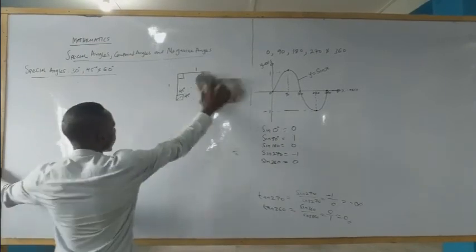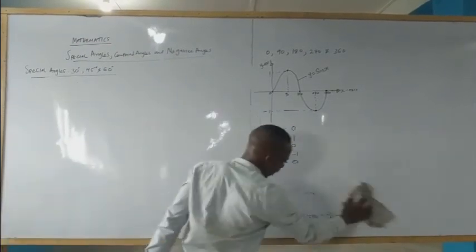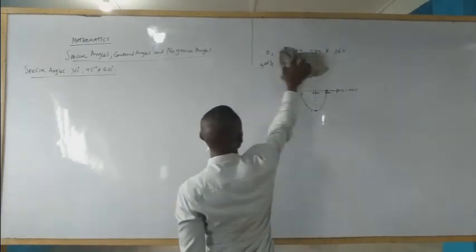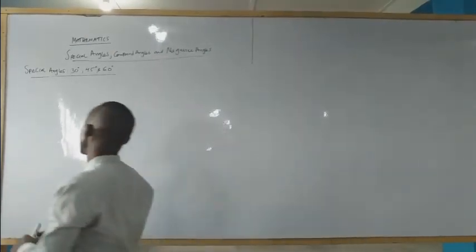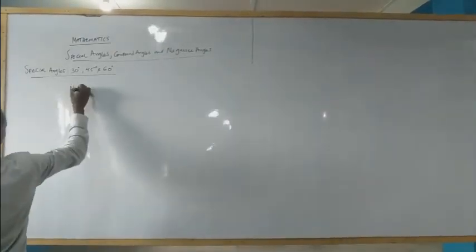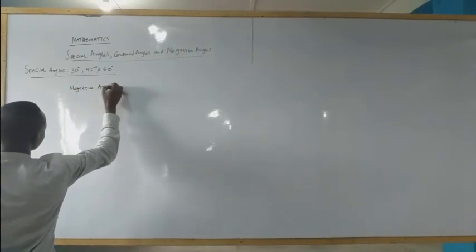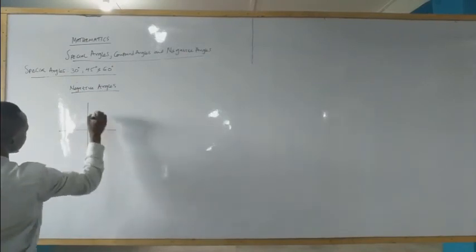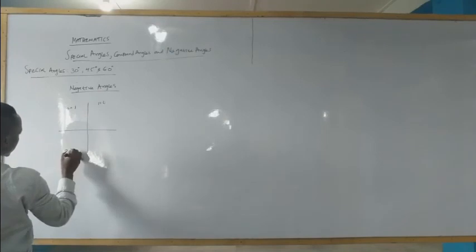We just have to remove the negative angle from 360 degrees. Negative angles. These are quadrants. The first quadrant, second, third, fourth.